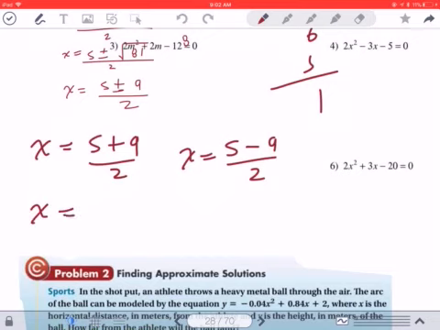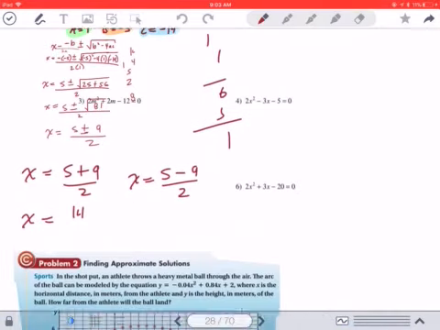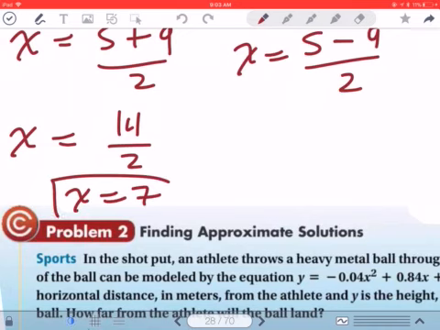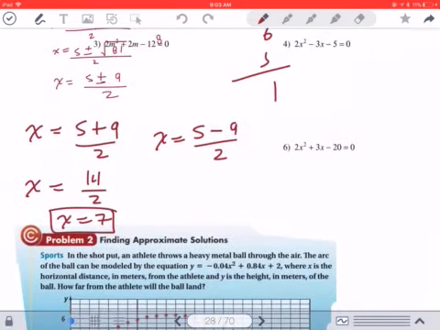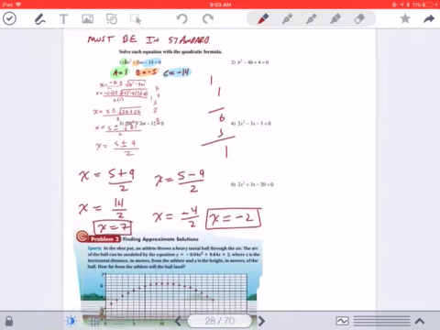So this is going to be x equals 5 plus 9 is 14. 14 divided by 2 is going to be 7. So one of the solutions is 7. Okay, over here, I get 5 minus 9, which is negative 4 divided by 2. So the other solution is going to be negative 2. Okay, so I got my 2 solutions.